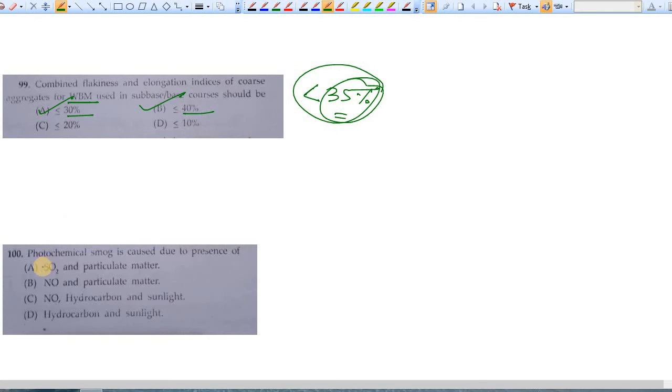Okay. Last one is photochemical smoke, which is caused in megacities when there is NO and hydrocarbon emission from vehicles, and sunlight, that means you have ultraviolet ray. So in the presence of this ultraviolet ray, they react and produce NO2, ozone and peroxyacyl nitrate or PAN.